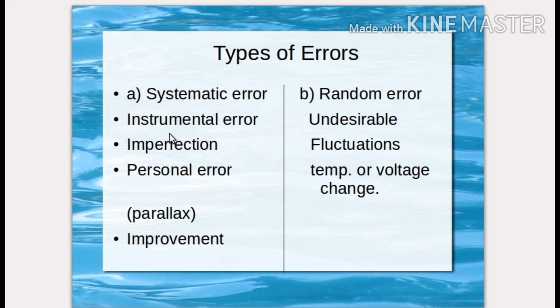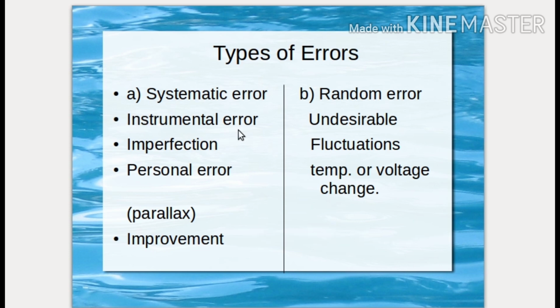That error is known as instrumental error. Sometimes the instrument is made to measure the value at a certain temperature, but you are measuring the length in some other temperature, and the temperature varies, so this instrumental error occurs.